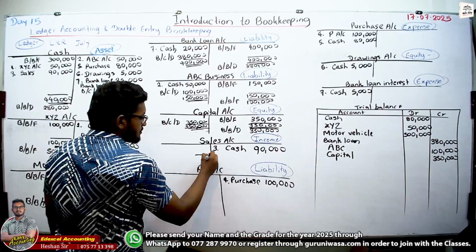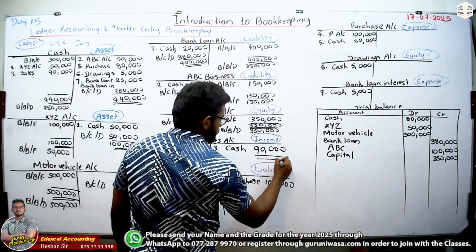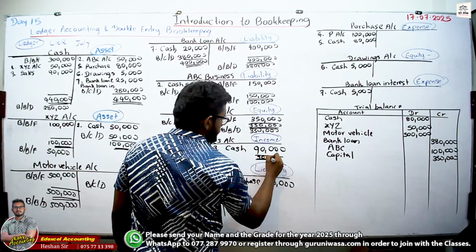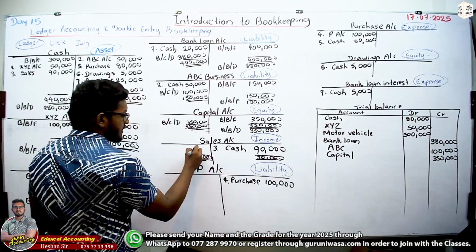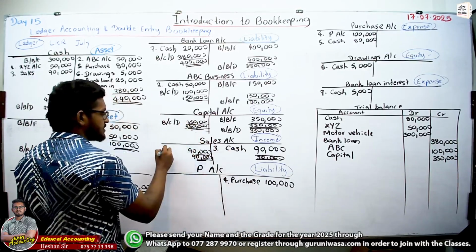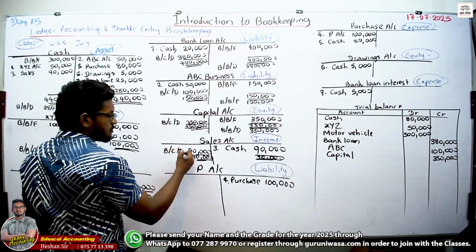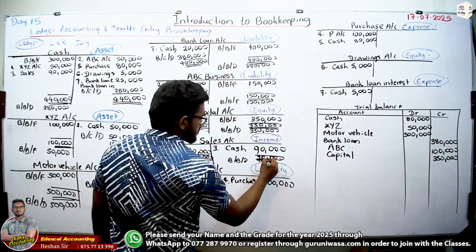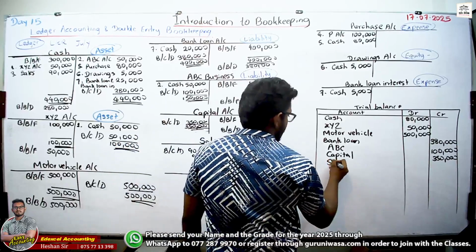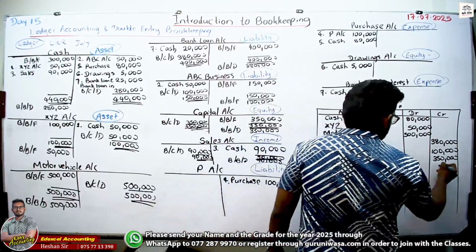Sales is an income account, 90,000, 90,000, because this side is 0, balance carried down, balance brought down. Sales, you can write credit side 90.